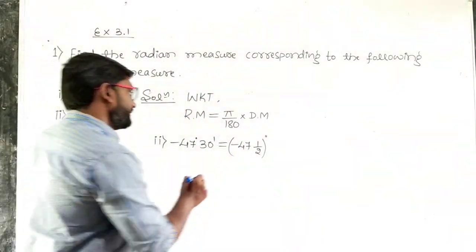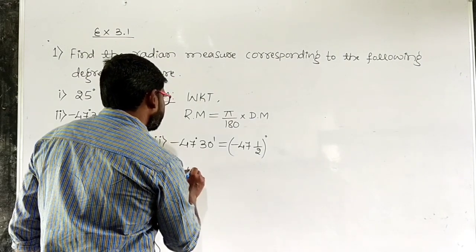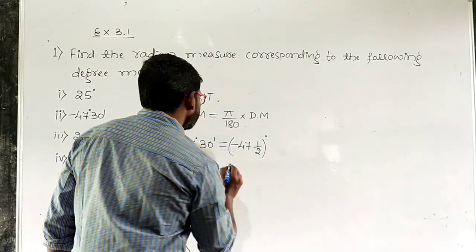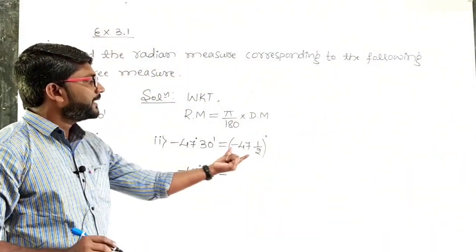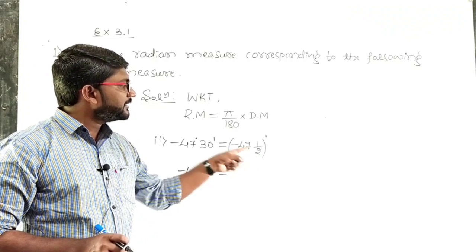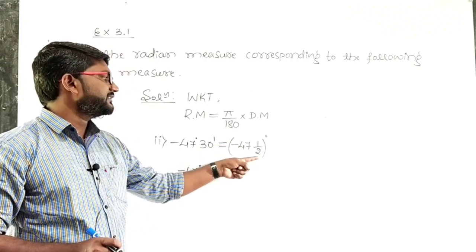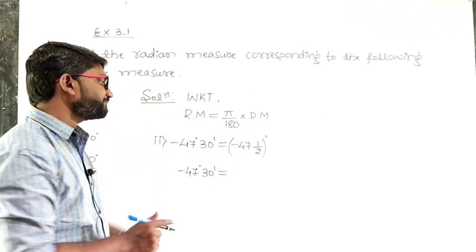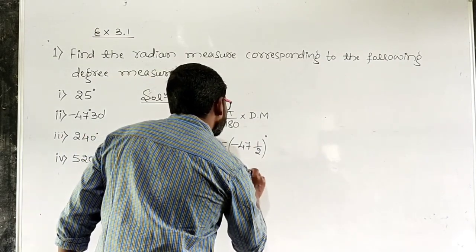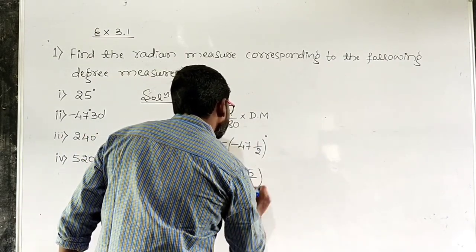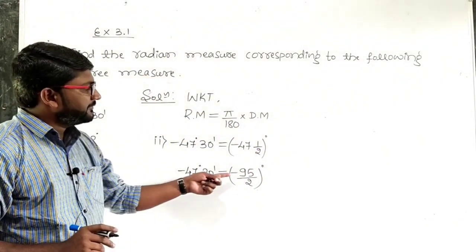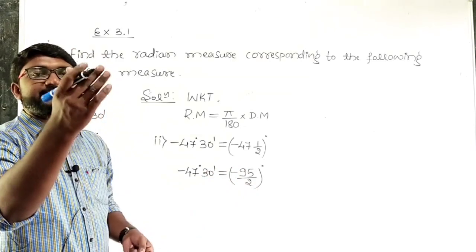So now minus 47 degree 30 minutes equals, now this is in the form of a mixed fraction. Multiply by 2: minus 47 into 2 plus 1, we get minus 95 divided by 2 degree. So now we have to convert this in terms of radian.